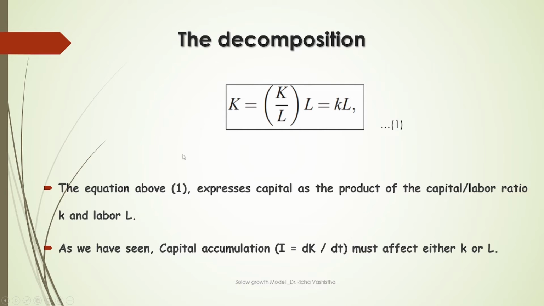As we have seen, capital accumulation is nothing else but investment, the level of investment that shows the change in capital with respect to time. Now it must affect either K or L. K is the same thing we have already discussed, and L we know is the labor force.